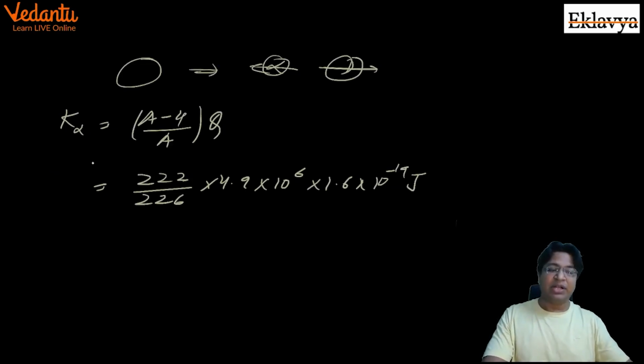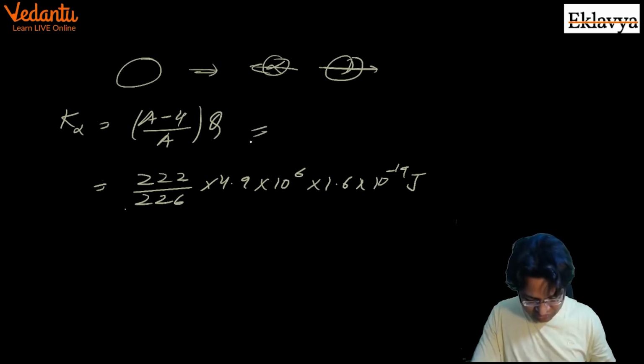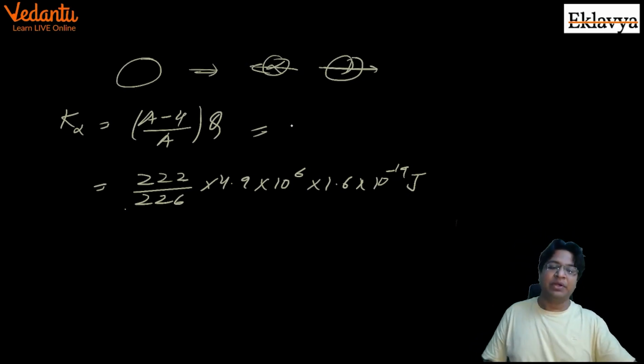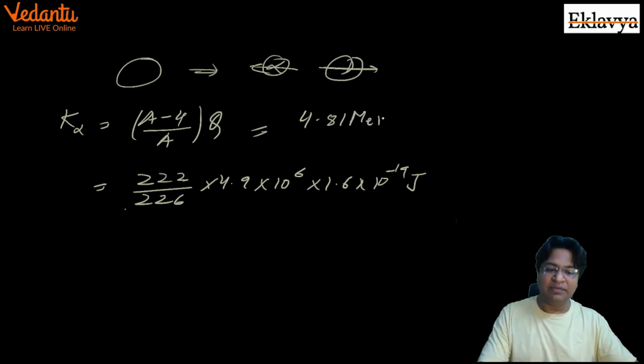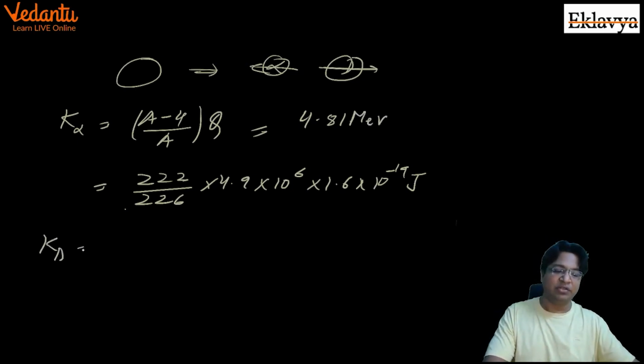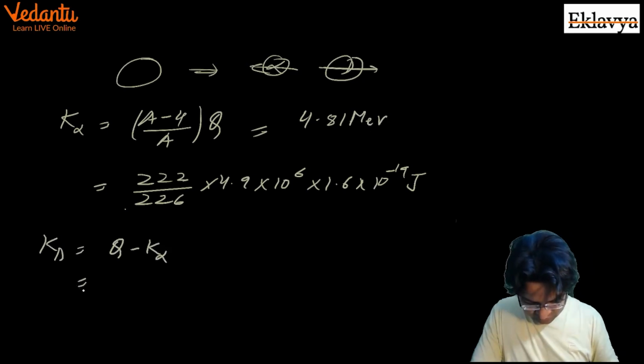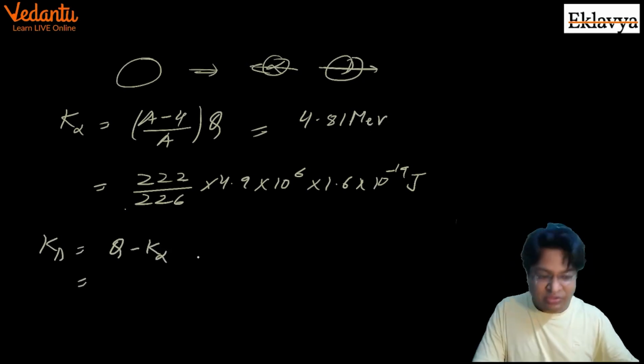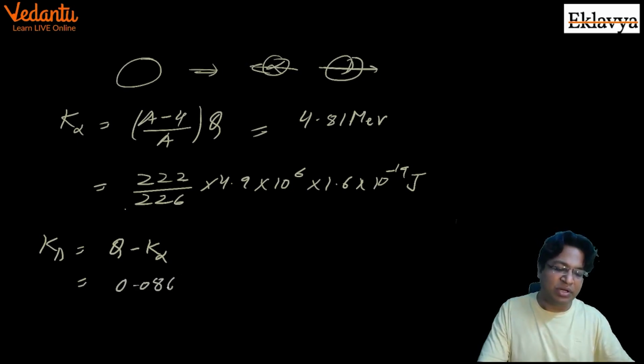The kinetic energy of the alpha particle would be 222 divided by 226 into 4.9, so that's 4.81 MeV. Therefore the kinetic energy of the daughter nucleus would be Q minus K alpha, so it would be 4.9 minus 4.81, which is 0.086 MeV.